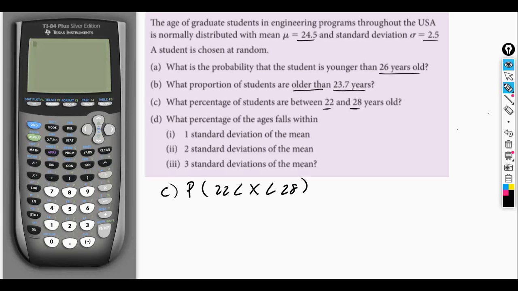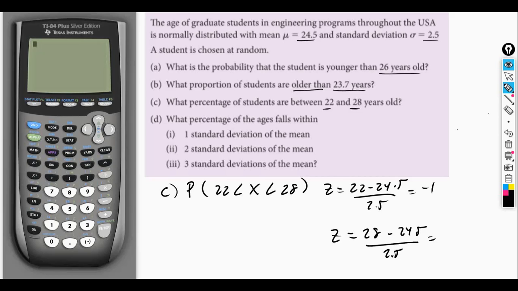So the z-score for 22 is going to be 22 minus 24.5 divided by 2.5, and this is going to give us -1. The z-score for the upper limit is going to be 28 minus 24.5, divided by 2.5, and here we're going to get 1.4.